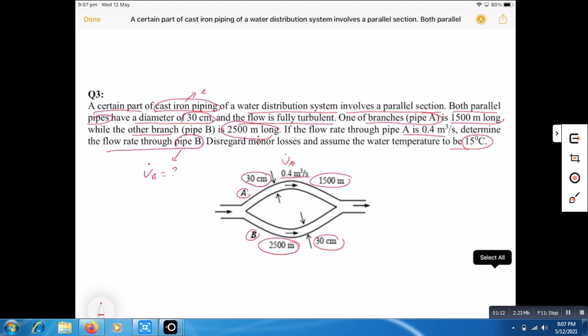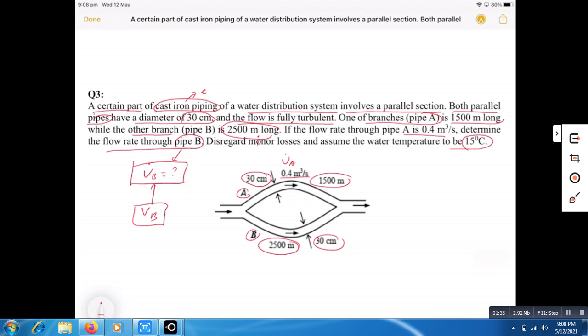So this question asks you to find volume flow rate, and as you know, volume flow rate equals velocity times cross-section area. So to find volume flow rate, you have to find velocity. In the lecture slide, the subject coordinator mentioned the parallel section.